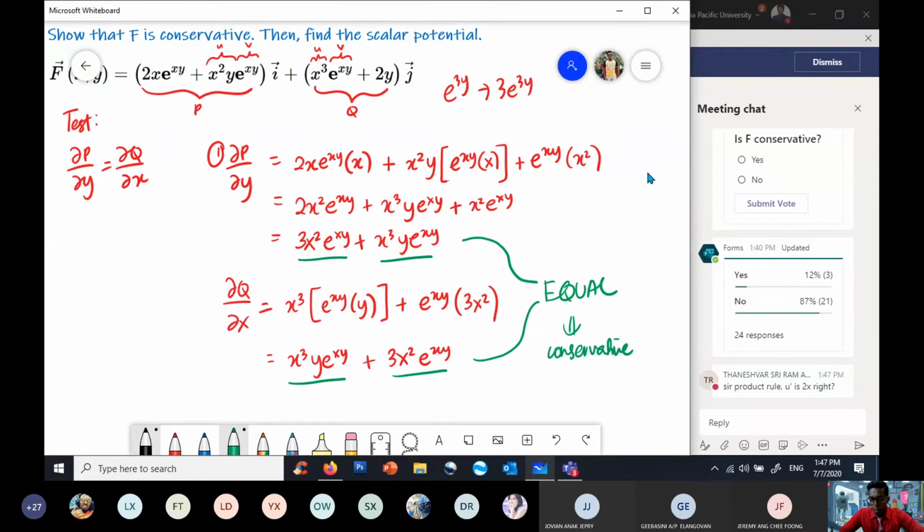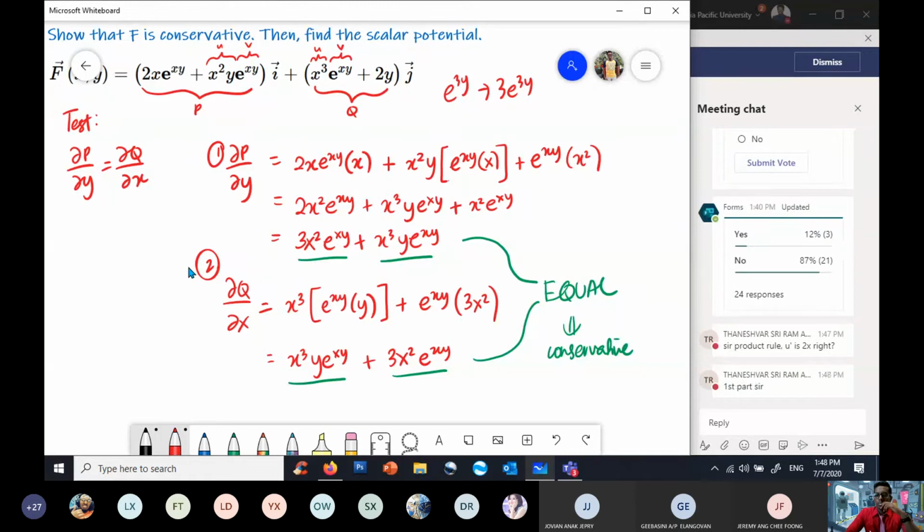Product rule, u prime is 2x. Wait a second, this is product rule for the first part or the second part? Which one? The first part, okay, let me see, the product rule. Okay, here I didn't use product rule, it's here. So for a moment, let me recheck.